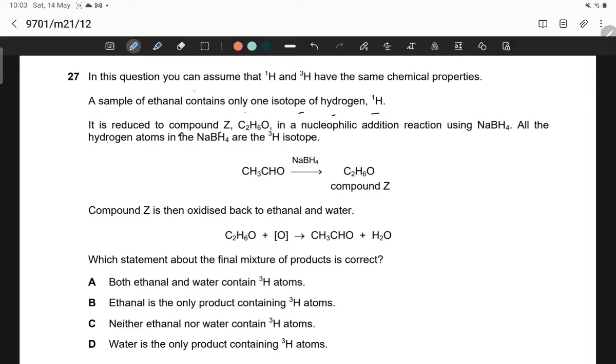In this question, you can assume that H1 and H3 have the same chemical properties. A sample of ethanol contains only one isotope of hydrogen, H1. It is reduced to compound Z, C2H6O, in a nucleophilic addition using NaBH4. All the hydrogen atoms in the NaBH4 are H3 isotopes.